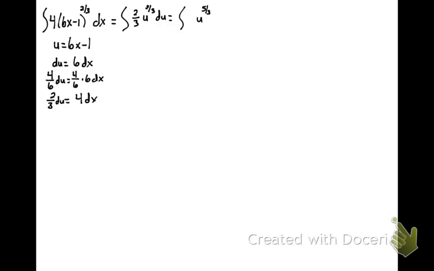That'll be 6/15 u to the 5/3 plus c, and since I already integrated it, I don't need this integral sign here. Don't know why I wrote that. And putting everything back in terms of x, since u is 6x minus 1, I have my solution. So there's the first 4 examples for u-substitution.